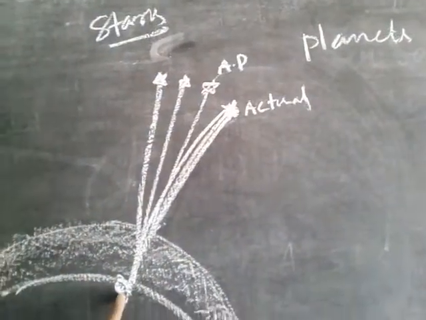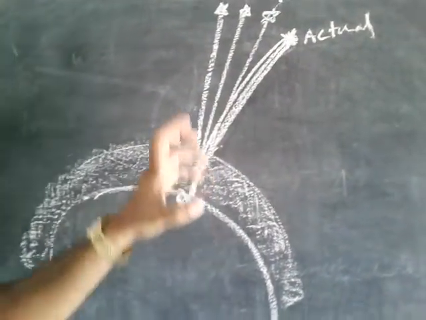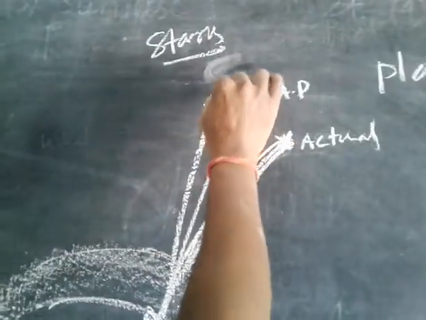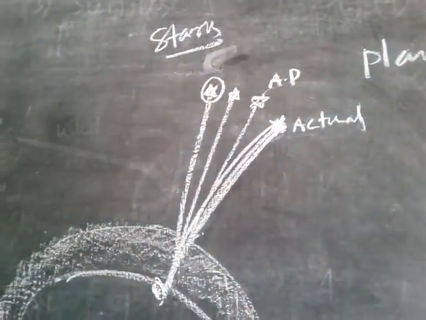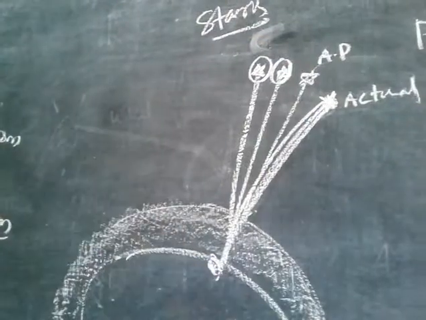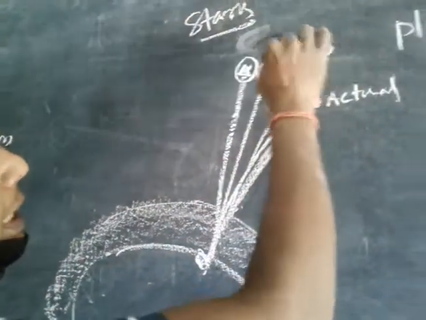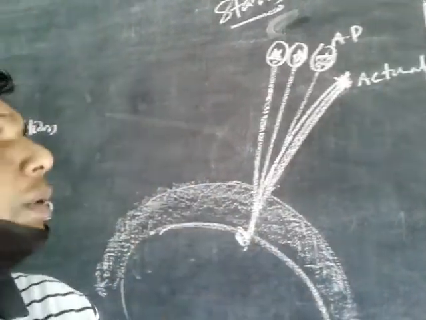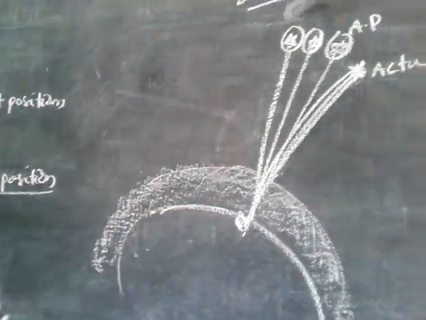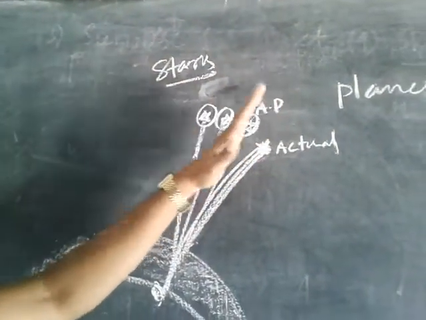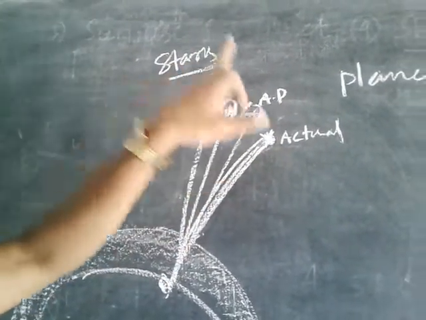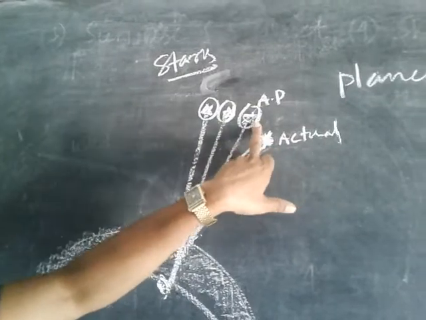That means in a small interval of time, the apparent position of the star is changing. Sometimes we see it at this place, sometimes at this place, and sometimes at this place.